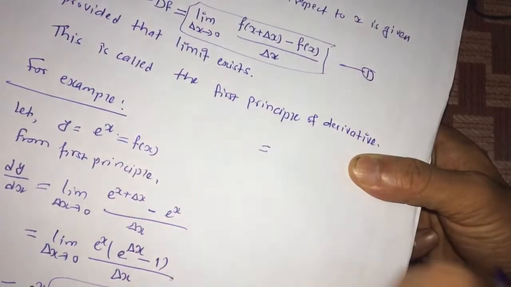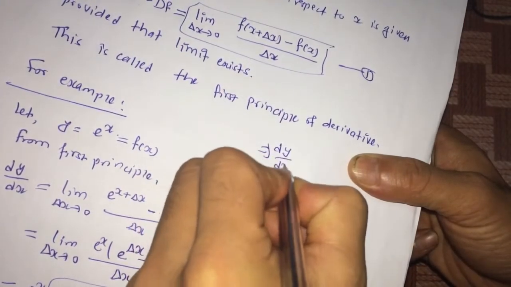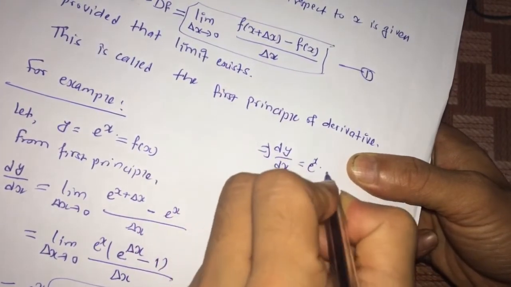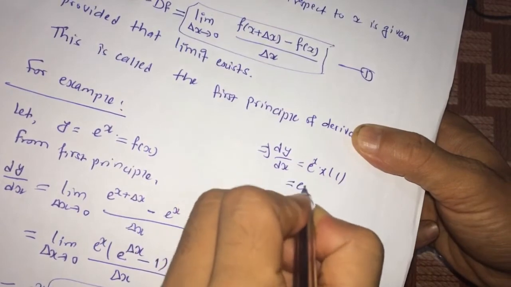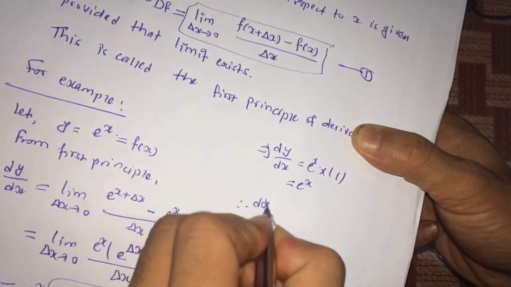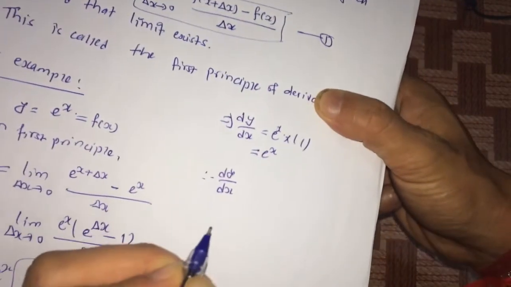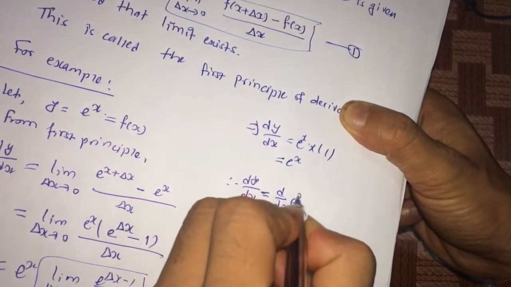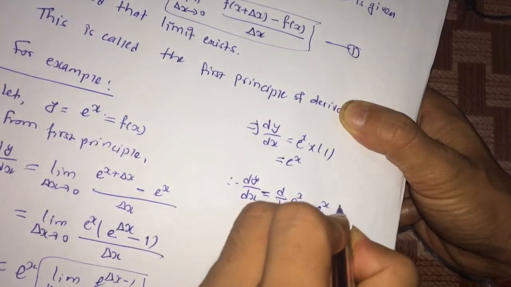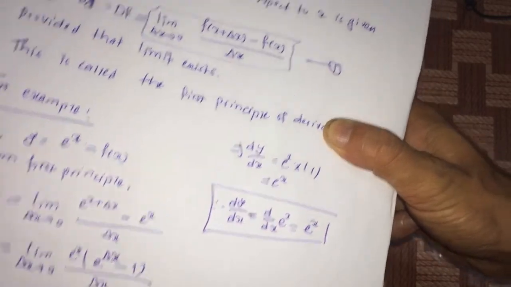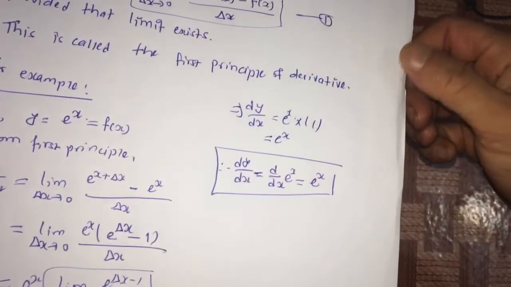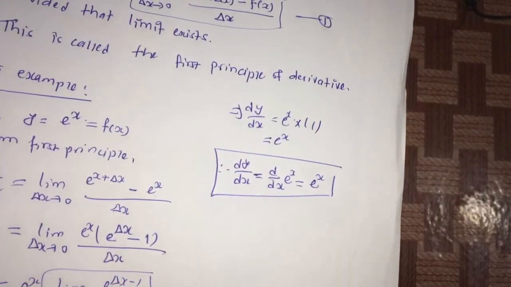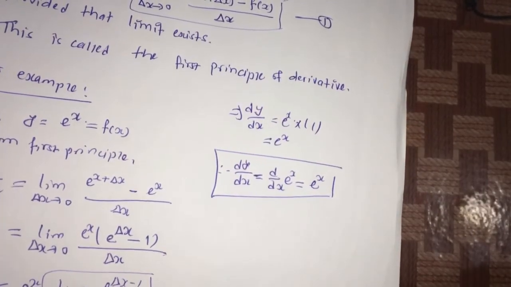So after using this, what we get is dy by dx is equal to exponential x times 1, which is exponential x. So the derivative of exponential x is obviously exponential x. In this way you can use the first principle to find the derivative of any given function.